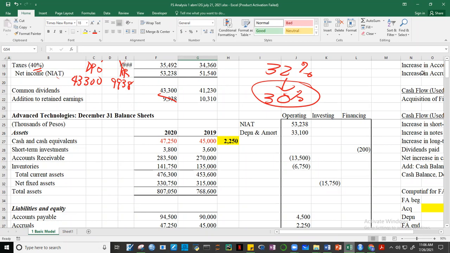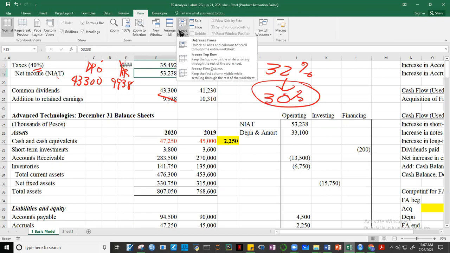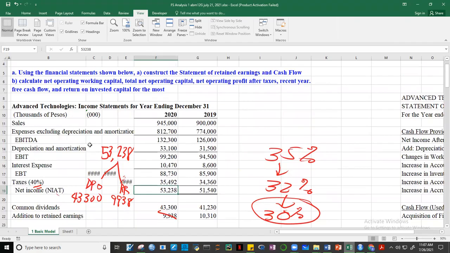So we said that the first step is to get the net income after tax from the income statement, and that's what we did here, and it will fall under operating activities. However, we also said that the net income after tax is not equal to cash flows. So there are some items in the income statement that are non-cash.